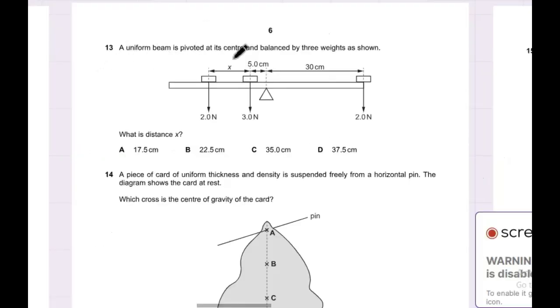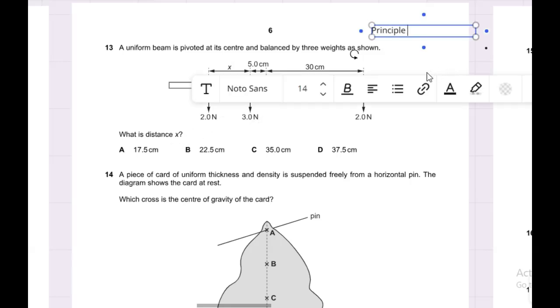Let's move on to question 13. A uniform beam is pivoted at its center and balanced by 3 weights as shown. What is distance x? Now this is a simple question from Principle of Moments chapter, where we know that the sum of clockwise moments is equal to the sum of anticlockwise moments.